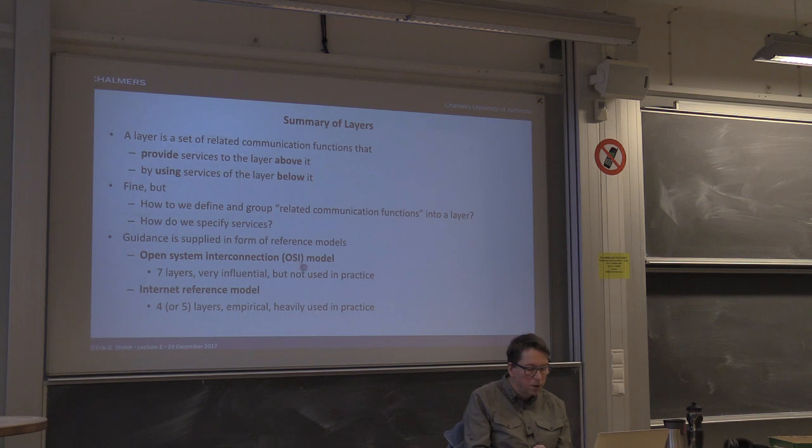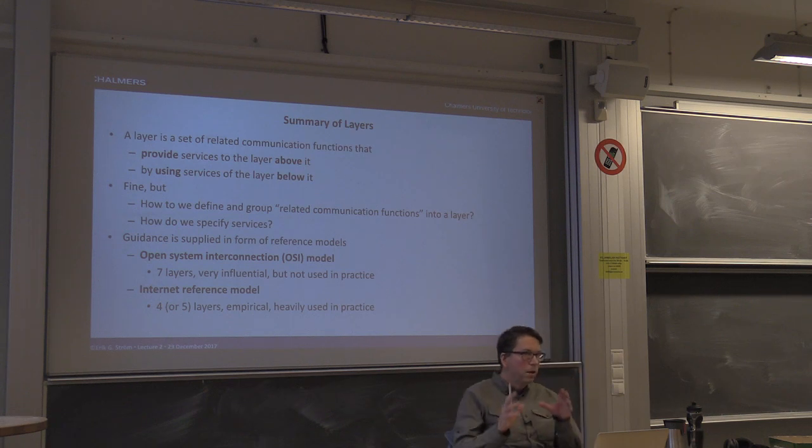But anyways, the OSI model has 7 layers and is very influential in the sense that it's well structured, it has nicely thought out interfaces and so forth. However, it's not used in practice. So it's a nice thought model on what one could do and should do perhaps, but at least how one could do it like this.